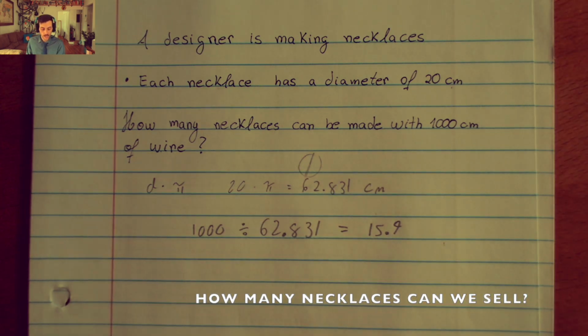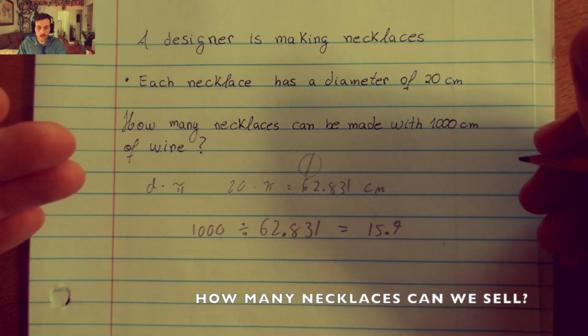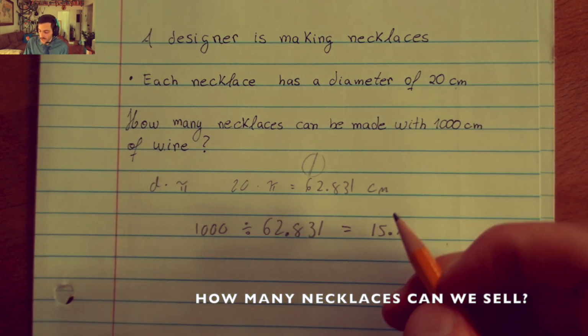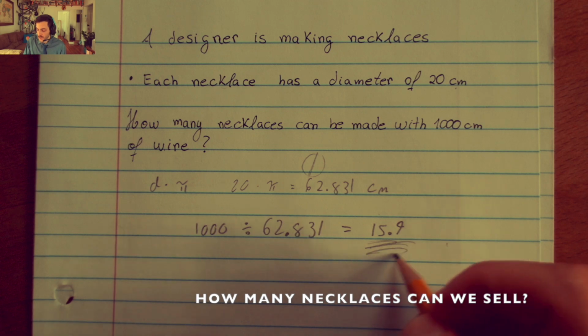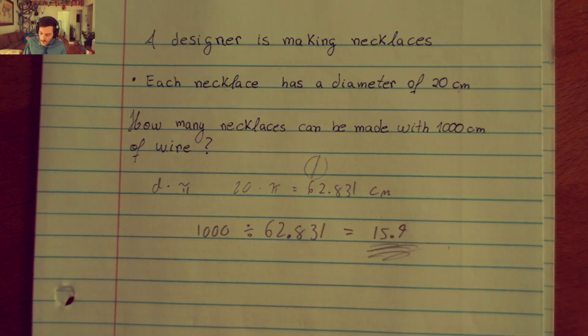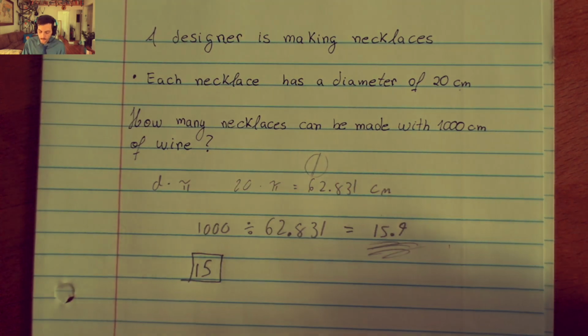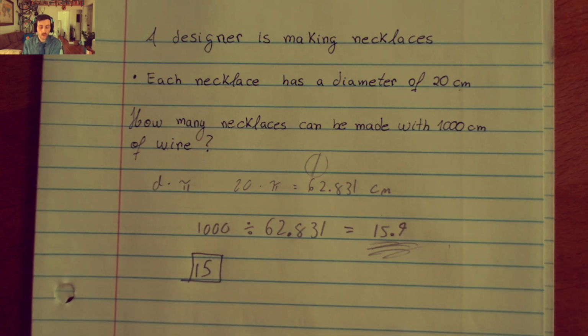So if you had a question here that says how many necklaces can you make or how many can be sold, your answer is not going to be 15.9 because someone's not going to want your 0.9 necklace. Your answer would be 15. So this is where we can start to see how we can apply what we've learned so far in geometry to real world occurrences.